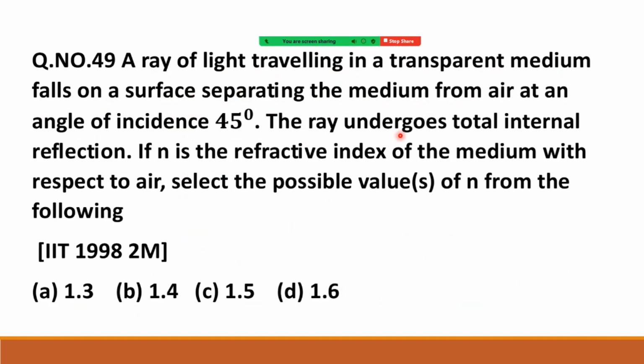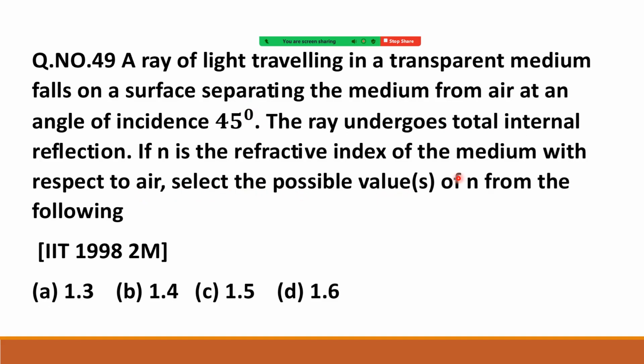The ray undergoes total internal reflection if n is the refractive index of the medium with respect to air. Select the possible values of n from the following. So, asked for 2 marks in 1998, given angle of incidence 45, and this undergoes total internal reflection.